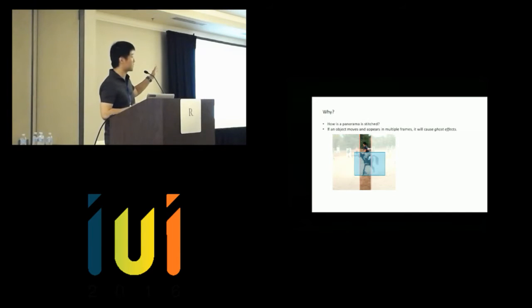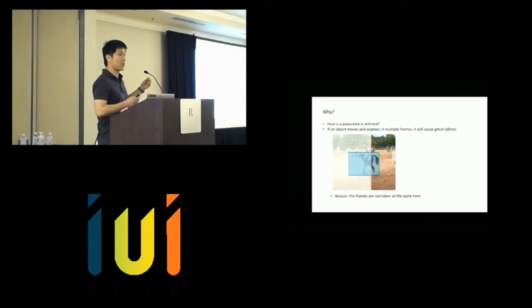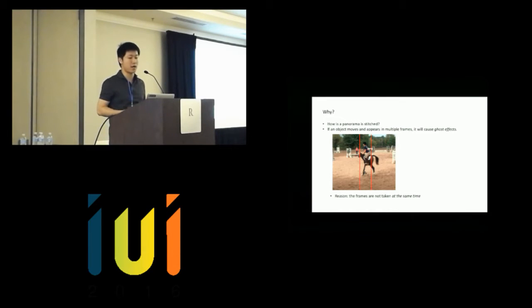And then here's the second one. Because the horse moved, now only part of the body shows. And here is the 3rd frame. Only part of the tail shows up in the 3rd frame. It makes perfect sense for every individual frame, but if we put them together, it makes a really funny panorama. And therefore, the reason of such ghosting effect is because the frames are not taken at exactly the same time.